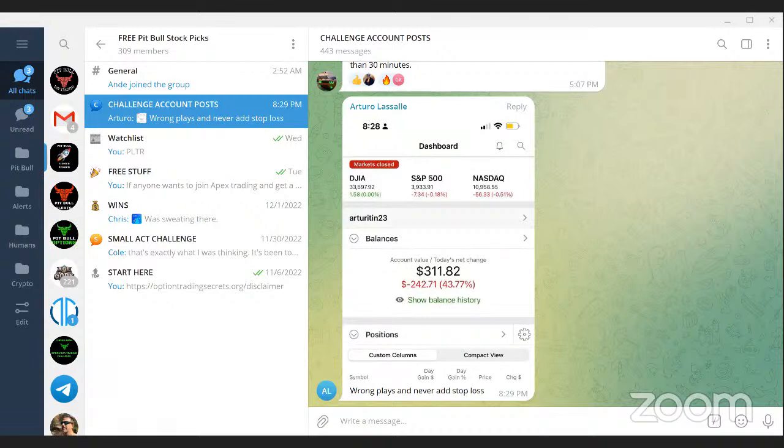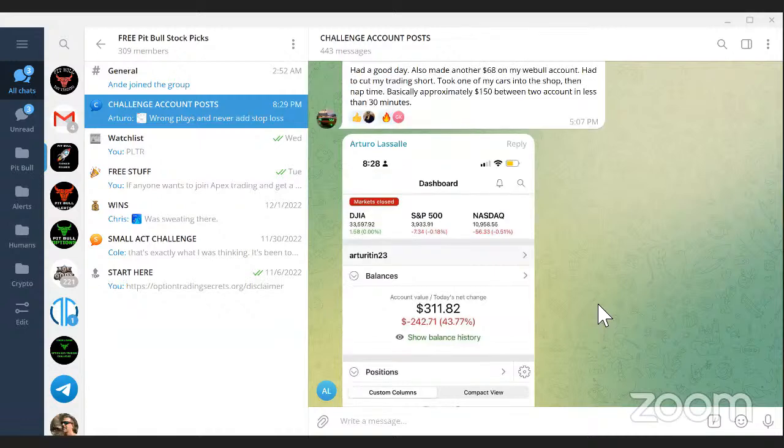Then immediately it bounced off the 50 EMA. I would have had a stop loss there and I would have stopped out. Other people want to insist on being right or just smoking the hopium, and they just watch that bounce go up and don't stop out. I don't understand why you would do that. So use a stop loss or lose all your money. I don't know what else to tell you.